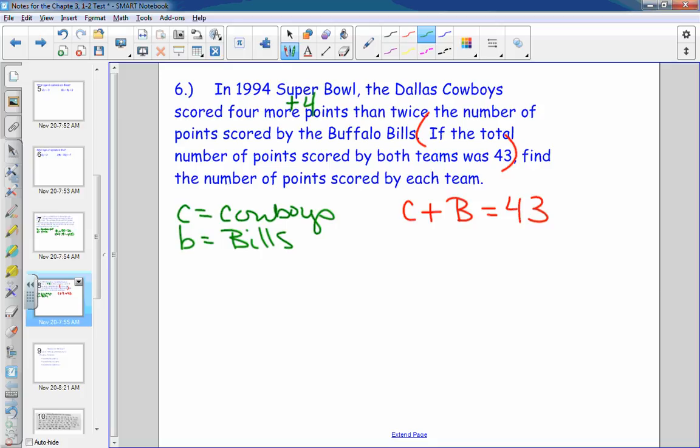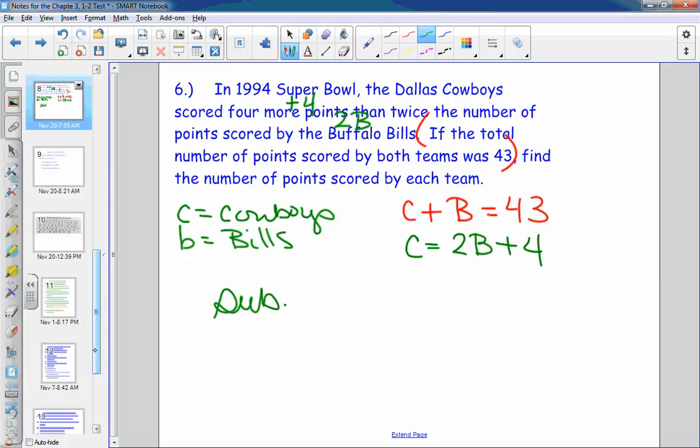Nope, so that's going to be B. Twice that's going to be 2B. So that means my Cowboys are equal to twice the Buffalo Bills plus 4 more points. Now, I would have used substitution to solve this to be able to find out what your Bills were first, and then you would have found what your Cowboys were afterwards. Okay? Now, we've talked about everything.